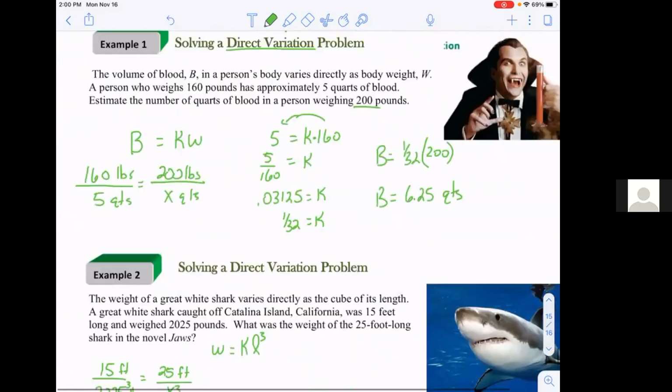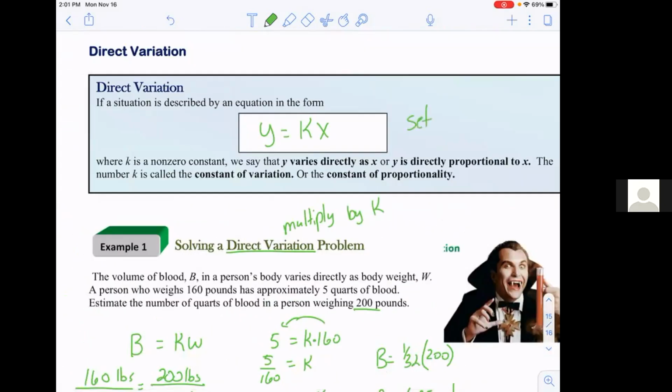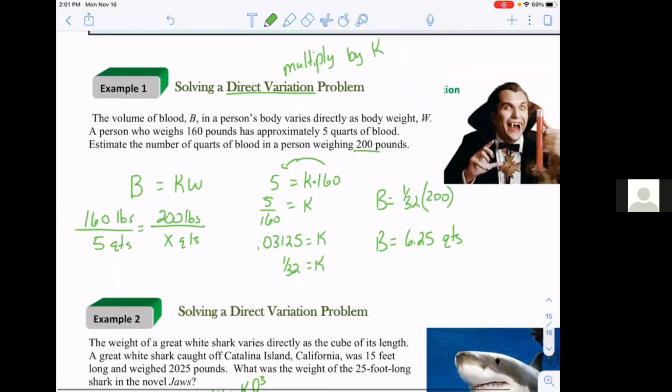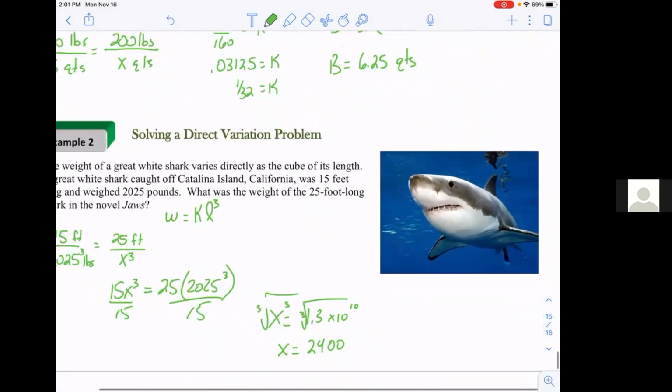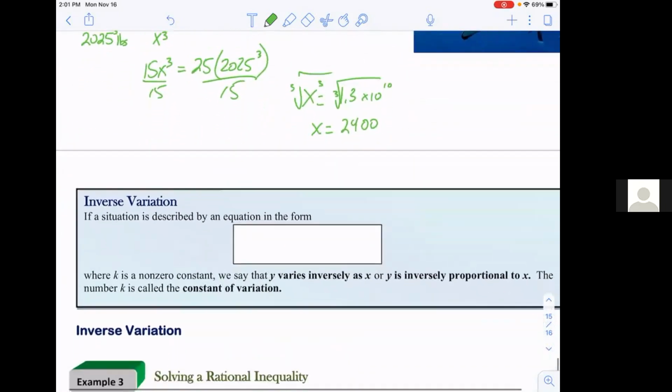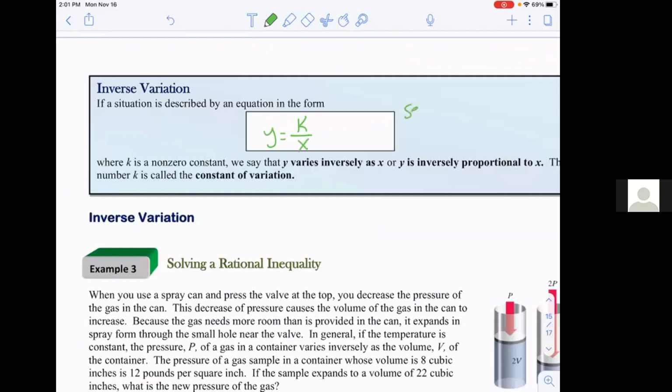So backing up a little bit, on direct variation, we can set up as a proportion. However, when we come down here to an inverse variation, we have to set this up with multiplication.